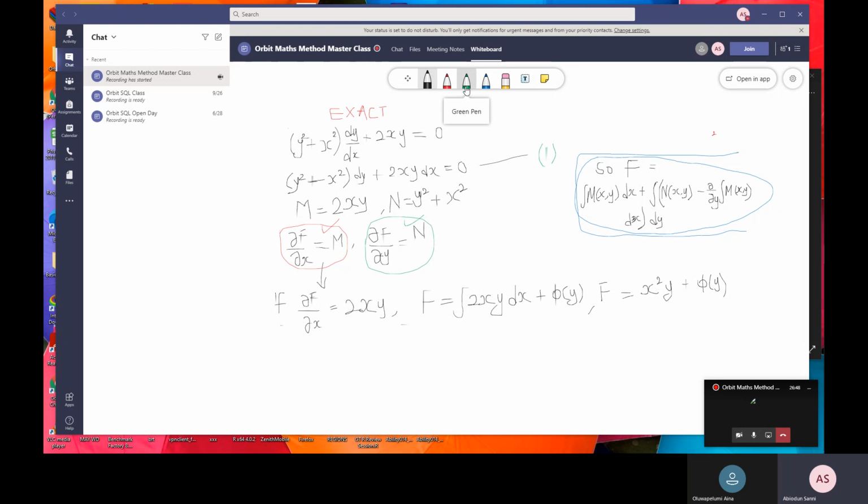So df/dy, differentiating what I generated here with respect to y, will be equal to the derivative of x squared y with respect to y, which is x squared, plus phi prime of y.